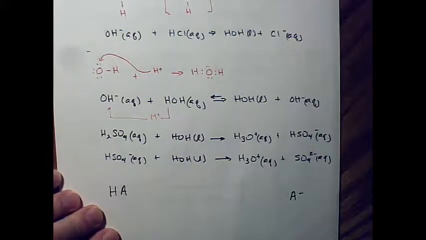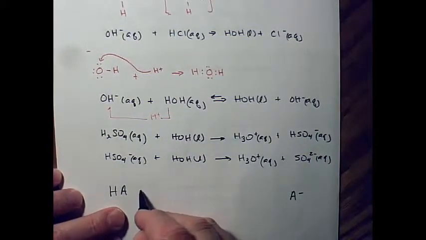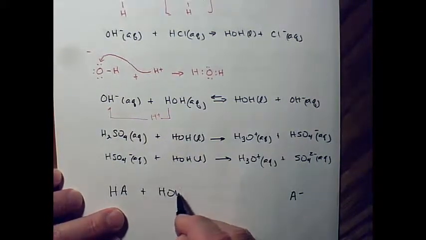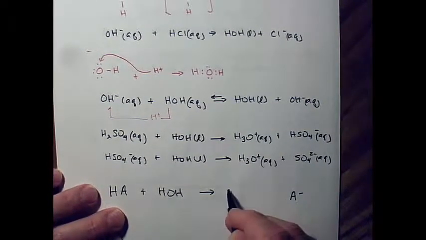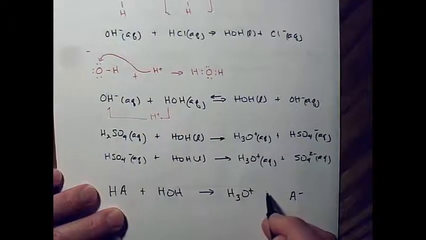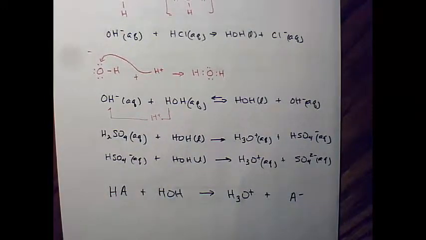Now, since in the Bronsted-Lowry system HA is always reacting with water, and every time we react HA with water we always get hydronium, we could call this a general formula for the dissociation of a Bronsted-Lowry acid.